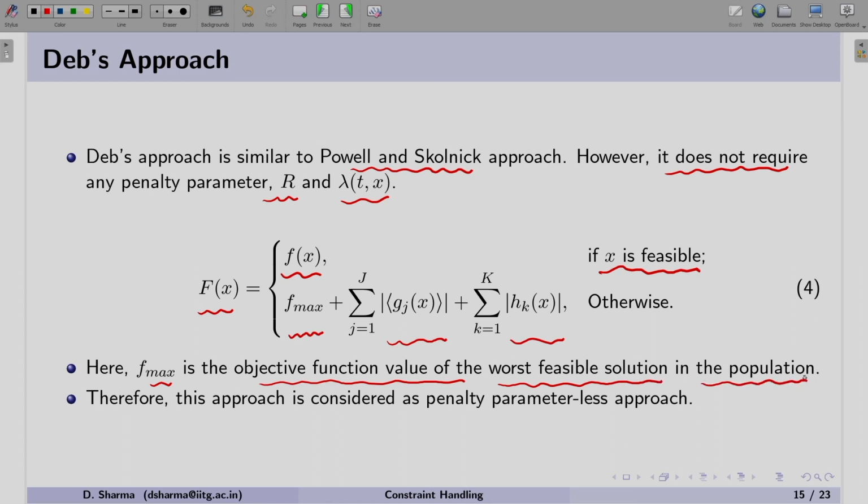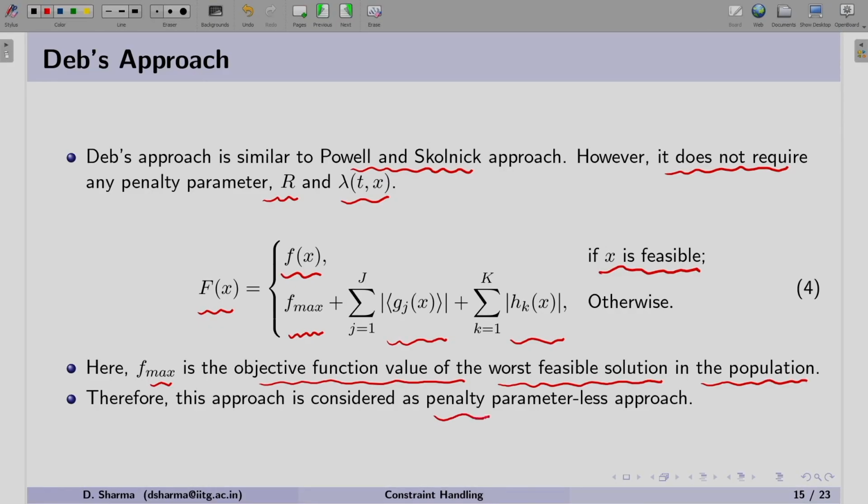Now, you remember that the lambda was calculated with respect to two solutions. In this particular approach, the infeasible solutions are not considered at all. Only among the feasible solutions do we identify which is the worst solution, and we take the objective function value of the worst feasible solution as F max.